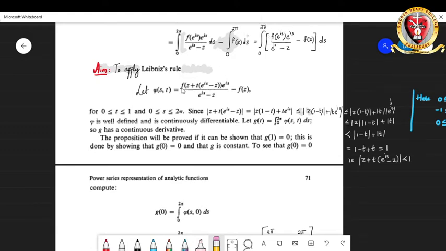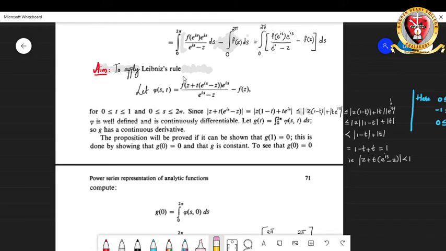So there is a slight variation over the function. Instead of e^{is} coming here, we are taking it to be z plus t times (e^{is} − z). Here t is varying from 0 to 1 and s is varying from 0 to 2π.